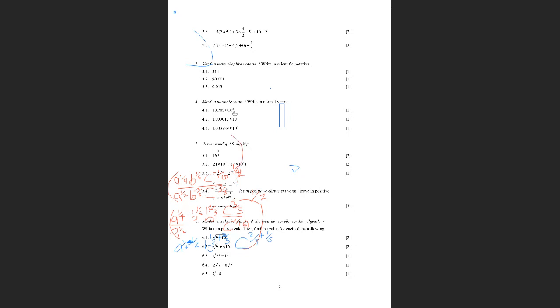Once I bring it up, it becomes positive. Then I simply use the laws of exponents. It is B^(1/6) times B^(2/3), so it becomes B^(1/6 + 2/3) from the laws of exponents. Does it make sense to you?